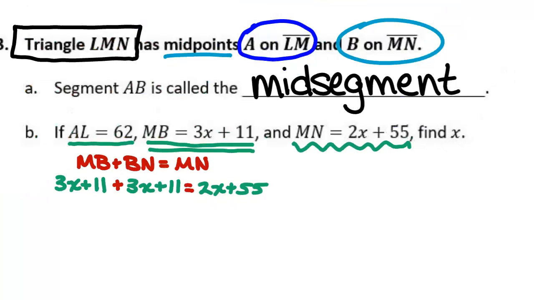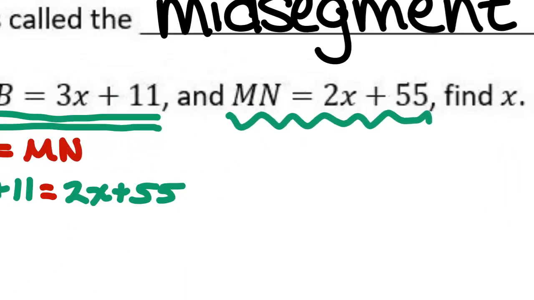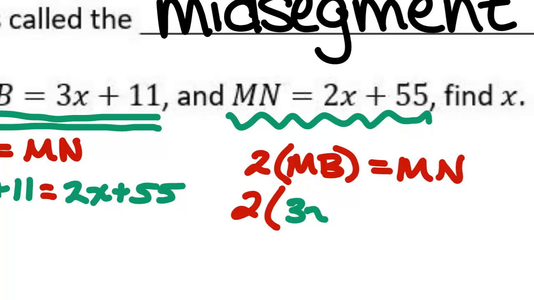All right. So you could do it like this, or the new suggestion, which is also correct, you could do 2 times MB is equal to MN, because that would have us adding 3x plus 11 twice, and set that equal to 2x plus 55.